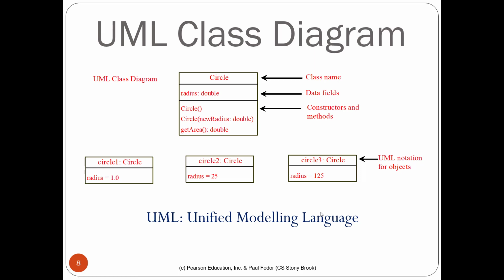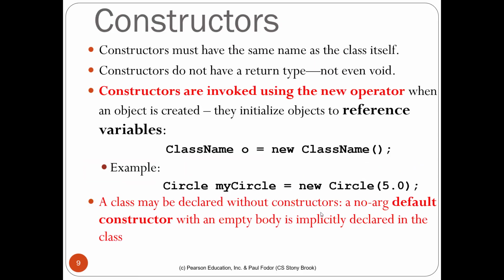So that was all about UML for the time being. Alright, here you go. Now we have more definitions, and let's hope that these definitions will help us in understanding constructors, like what are constructors and how should we use them.